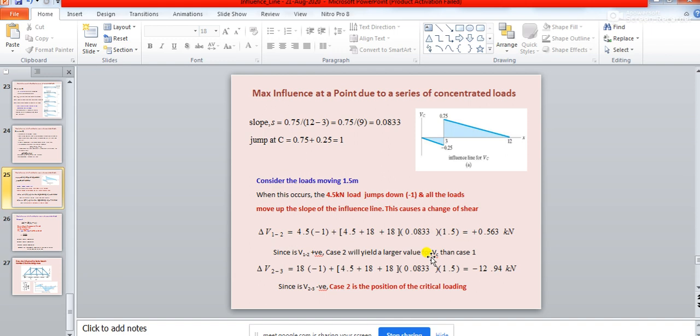And if you find out the value of the shear, that is going to give you the maximum shear because of the series of concentrated loads moving on a typical beam at a particular point.